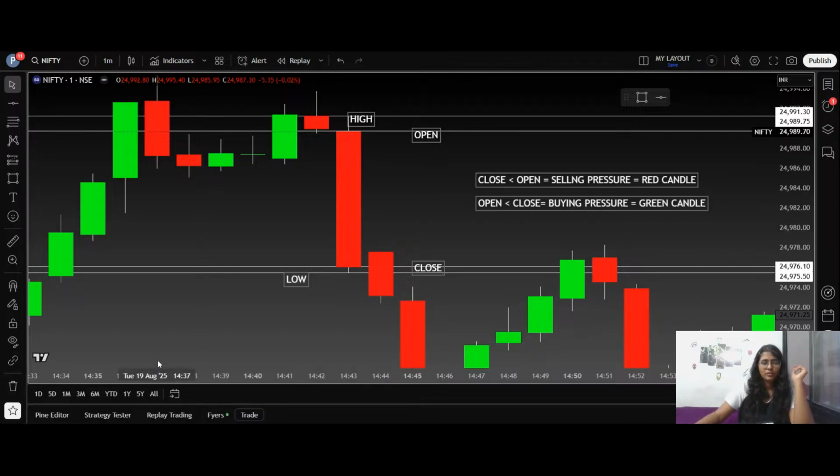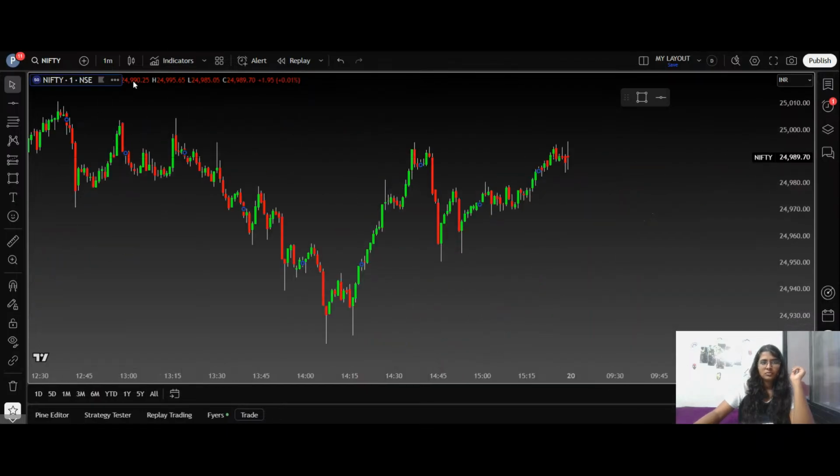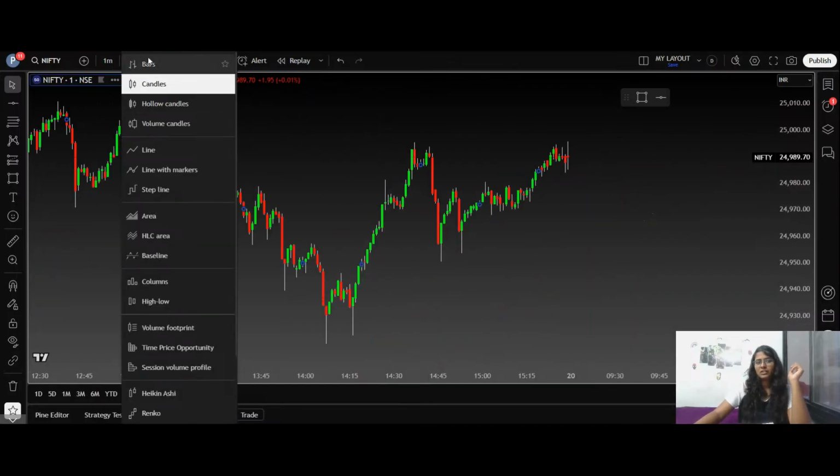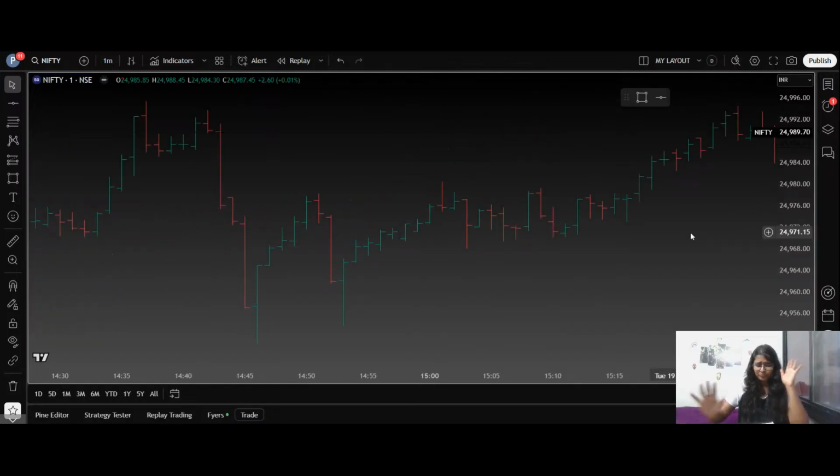So now we are moving further to our different candlestick patterns. Our next candlestick pattern is bar candles. The bar candles are also similar to the standard candles: red represents the selling pressure, green represents the buying pressure, red means it's coming down, green means it's going up.